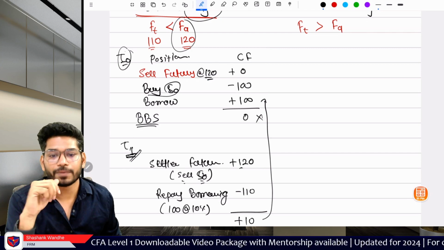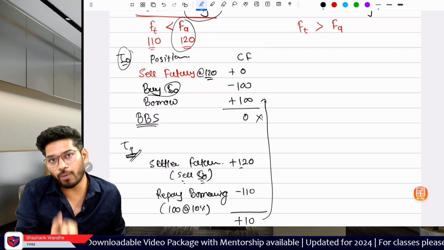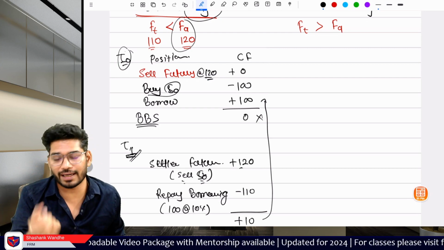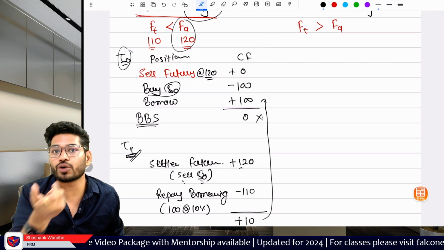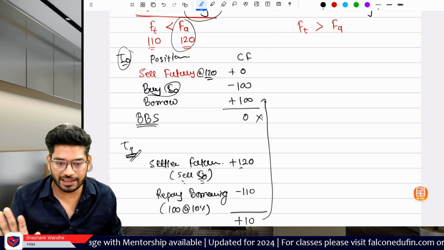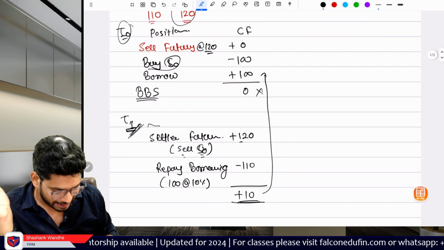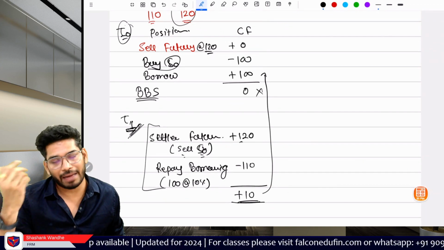As soon as you see there is a borrow, we are borrowing funds to pay for the asset. So we are borrowing funds to buy the underlying, and the remaining sell is to sell futures. As simple as that. This is BBS.